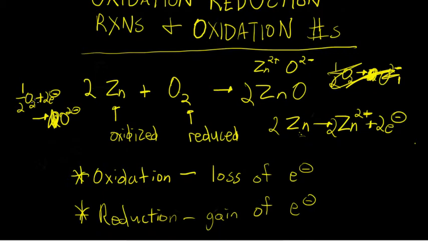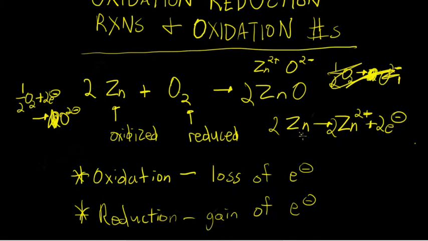It gives the electrons to the oxygen to form this O2- anion. And in doing so, turns into the Zn2+ cation, or positive ion. So this zinc is oxidized, but it does the reducing. So it facilitates the gain in electrons for this oxygen.